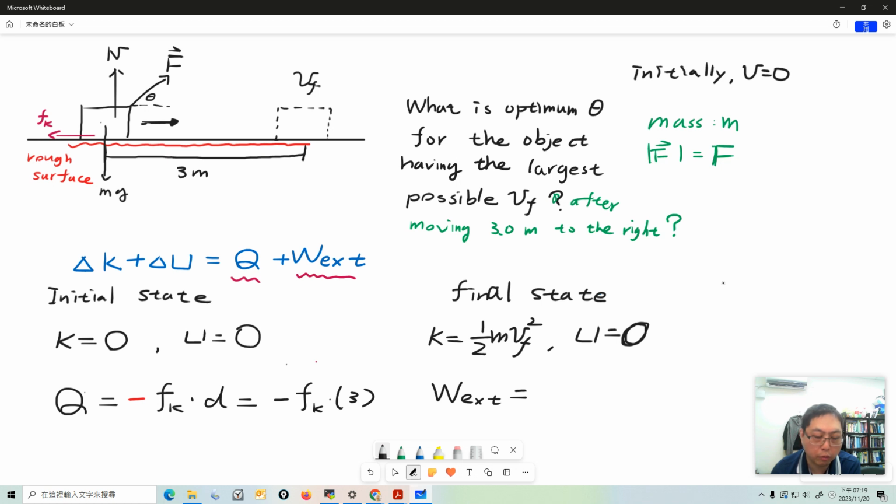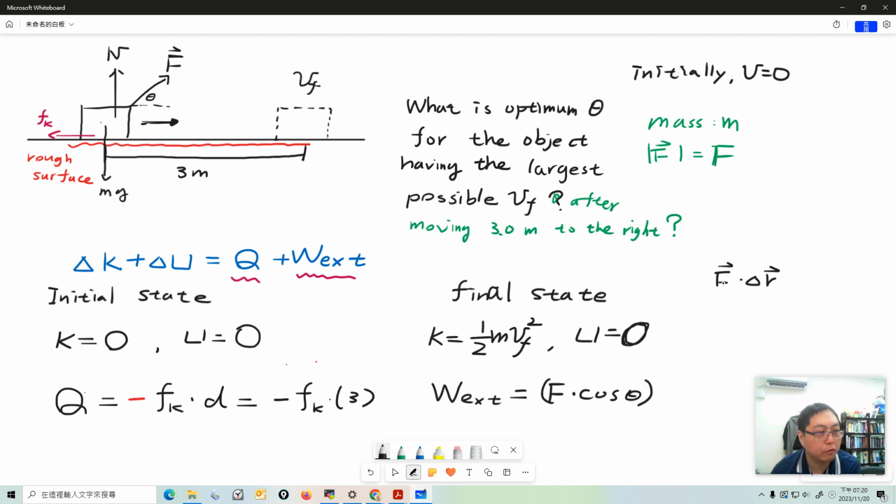You understand the work is F dot delta R. That means only the force parallel to the moving direction does the work. So for this problem, only F cosine theta does the work. You must understand that only F cosine theta does the work.